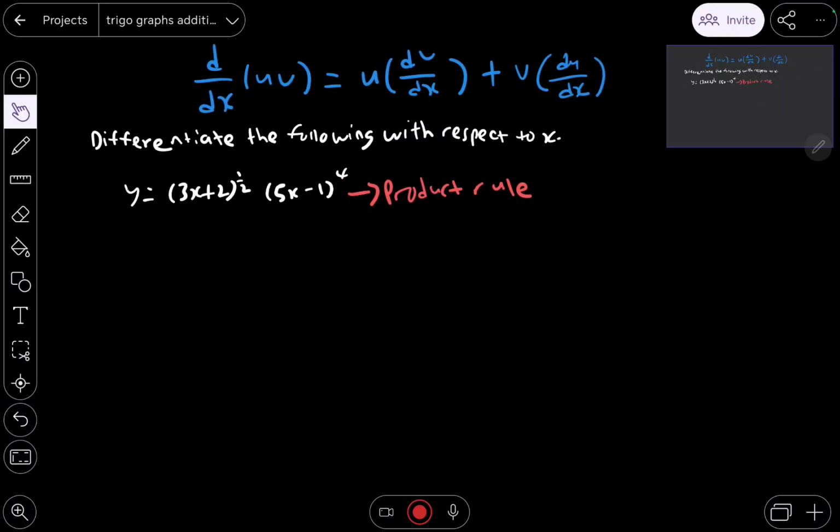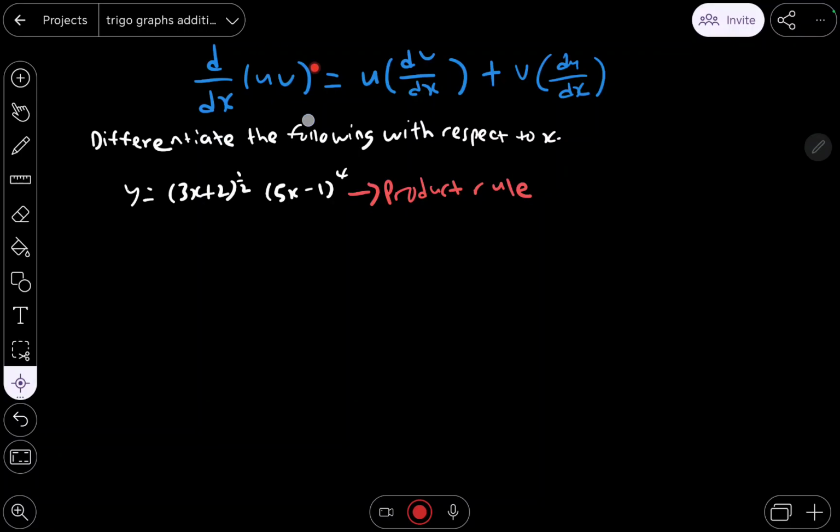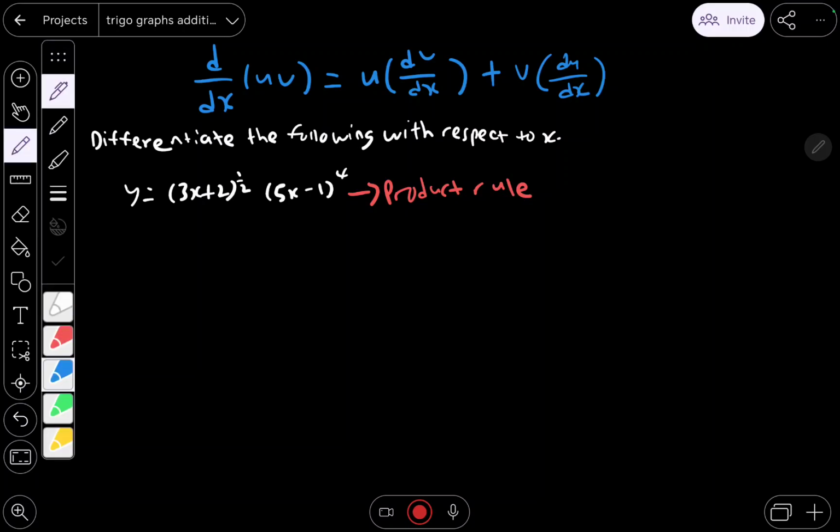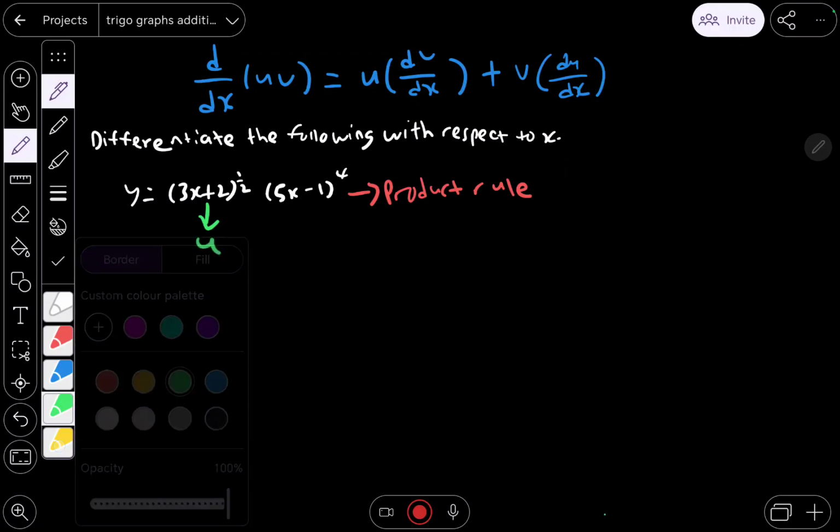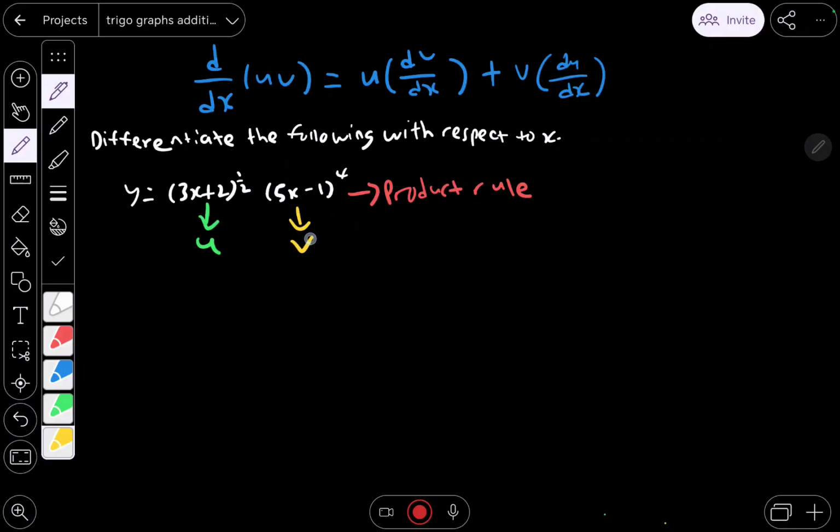So we know that it's a product rule, so we'll apply this d over dx of uv, where we copy u and differentiate v with respect to x, and we copy v and differentiate u with respect to x. Alright, so now let's identify where our u and v are. So this is your u and this is your v.